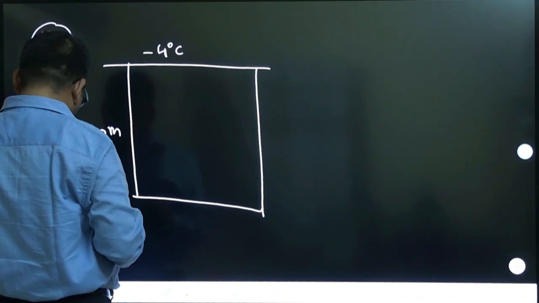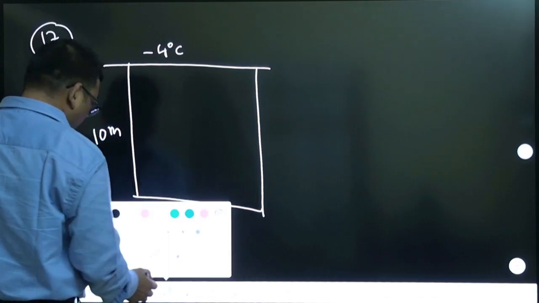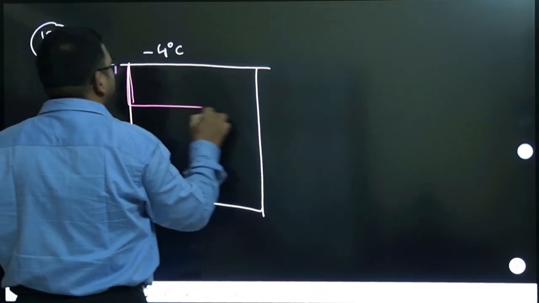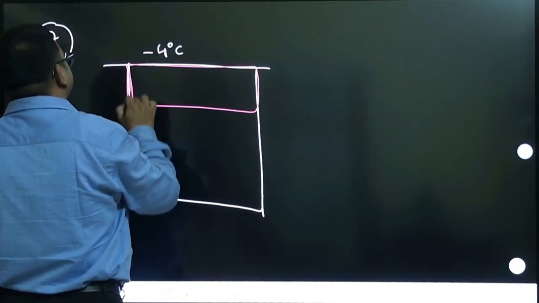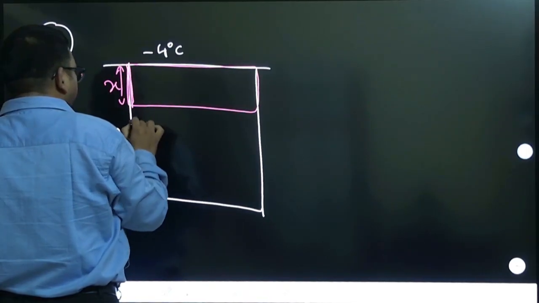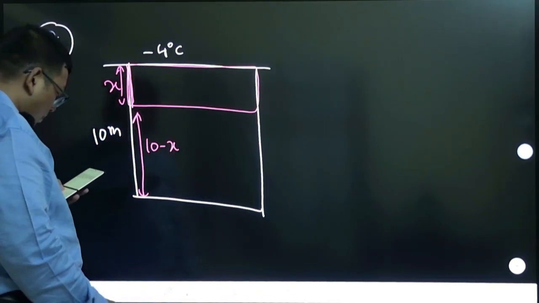The thermal conductivity of ice is 3 times that of water. Neglecting the expansion of water on freezing, find the maximum thickness of ice. Suppose some thickness of ice is getting formed here. That thickness you can take as x. So the thickness of water will become 10 minus x. Okay.